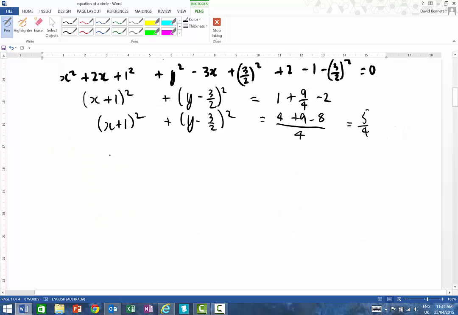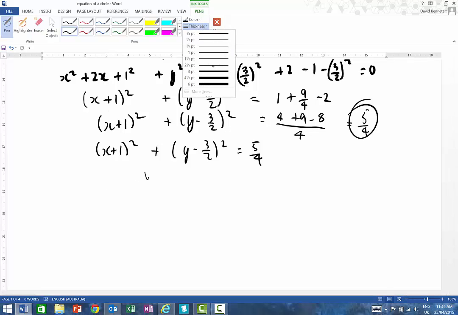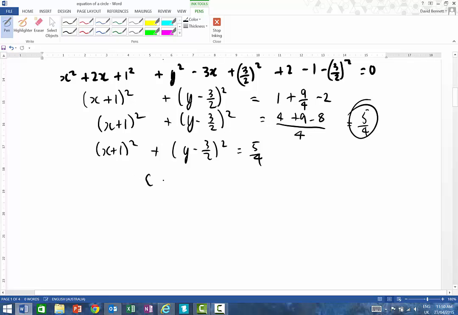So my whole equation now is going to be (x + 1)² + (y − 3/2)² = 5/4. Therefore what I can say is that the centre for this particular equation is going to be (−1, 3/2).